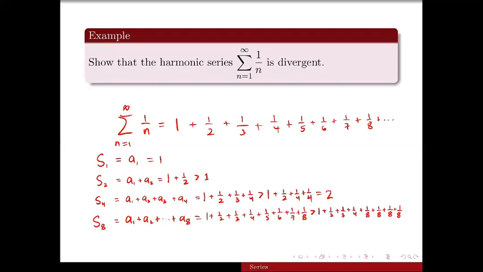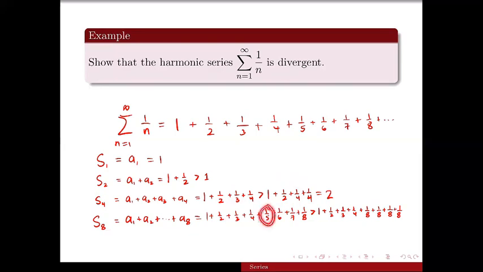Okay? So there was a question, why do we have twice 1 fourth here? Well, 1 third is greater than 1 fourth. That's why we have the inequality here. This guy here is larger than this because 1 third is greater than 1 fourth. Okay? And then same concept for this.